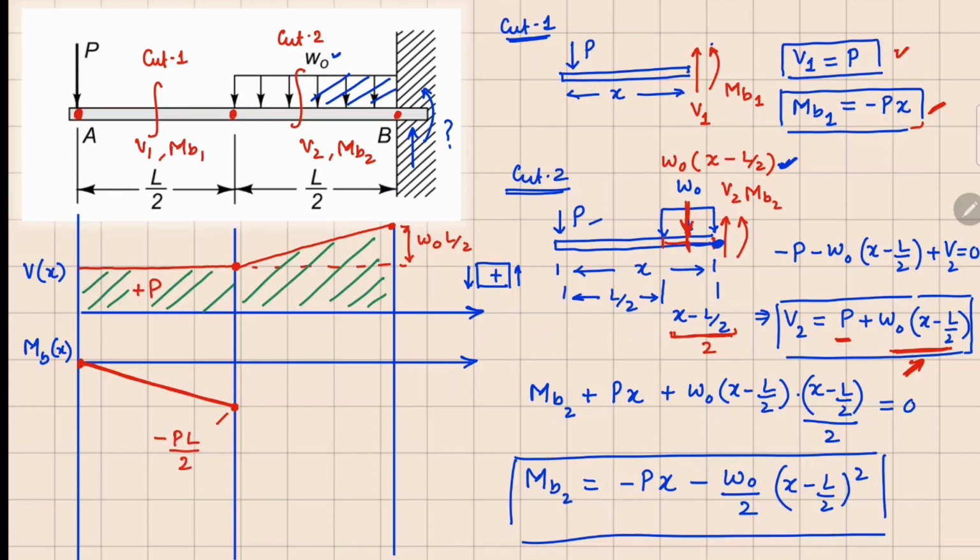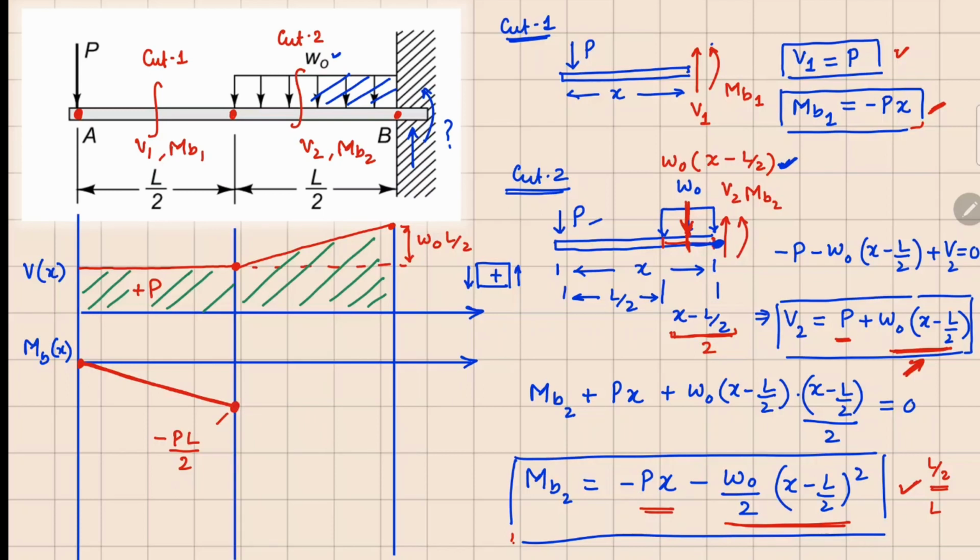Now if you look at your second segment here, this is a parabola. For a parabola we need 2 points and the peak. So 2 points in this case are going to be this value at x equals L by 2 and L. If I check at L by 2, the second term is going to be 0, and this first term is going to give you minus PL by 2. So we have to start at the same point, which is right here.